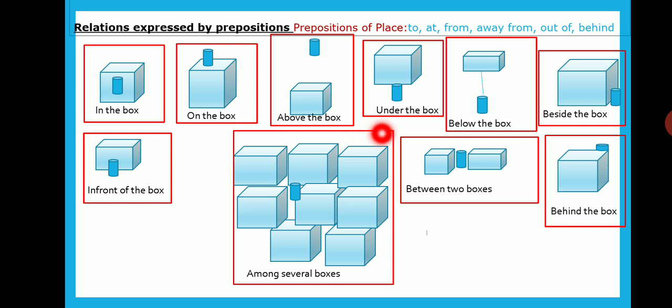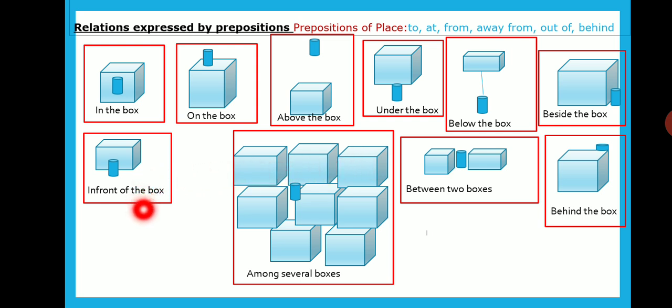Now under the box. Just below the box means under the box. And if it is far below, you use the preposition below the box. If it is next to the box, then you say beside the box. B-E-S-I-D-E. Beside the box.